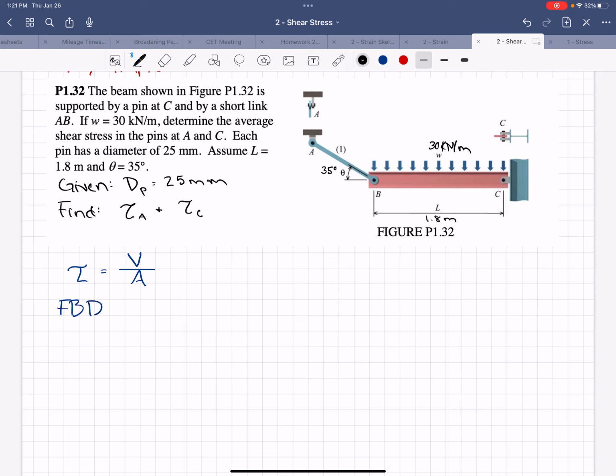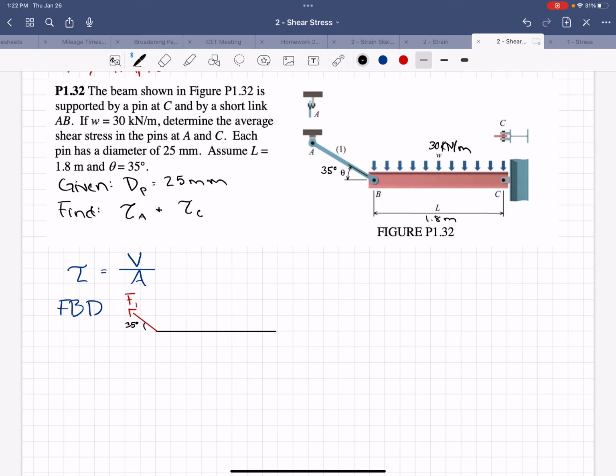And the way I like to draw free body diagrams, especially when I have a two-force member on them, is to just draw the beam, then draw that bar at its angle, so that's F1. And then I'll put in the angle that it's at here, 35 degrees.